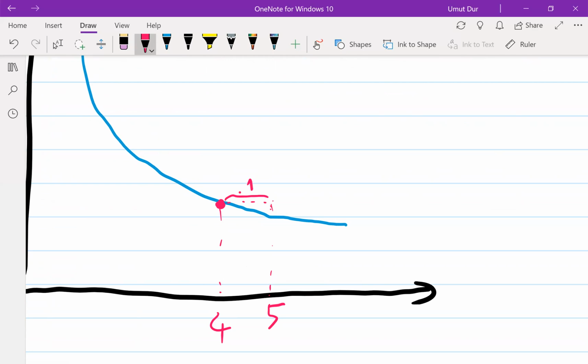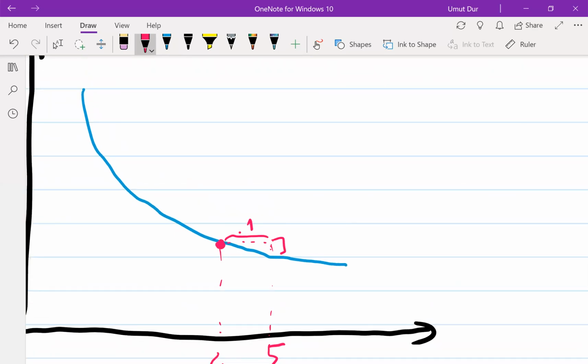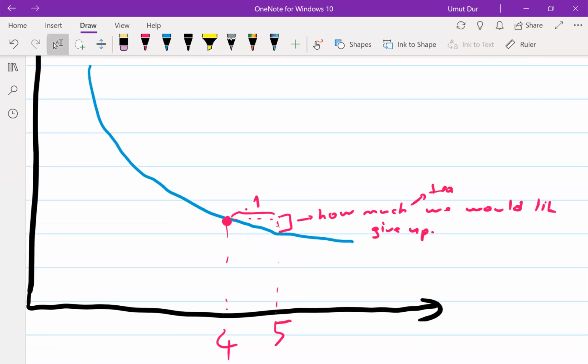And we are basically giving up some amount of tea here. This is how much tea we would like to give up. Or you can just think about the opposite here.